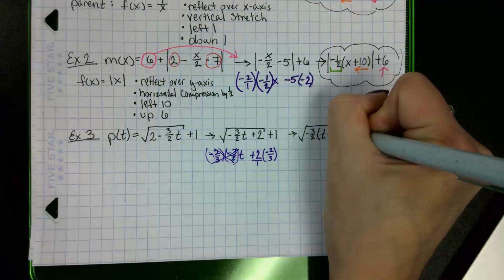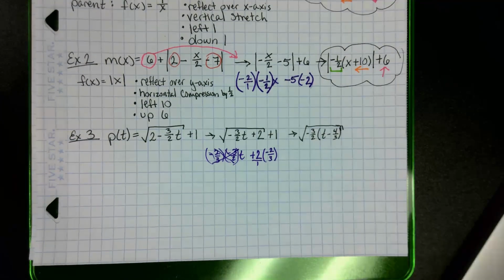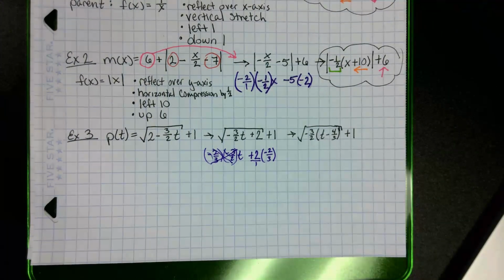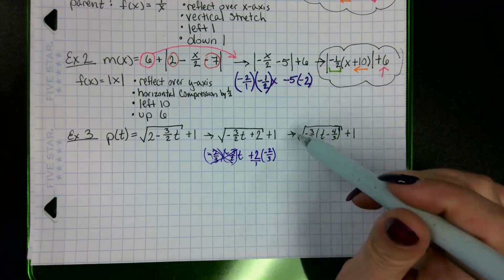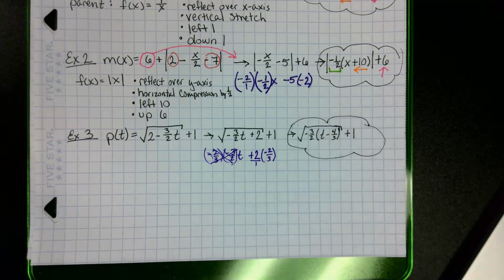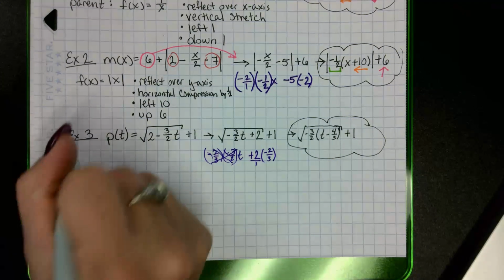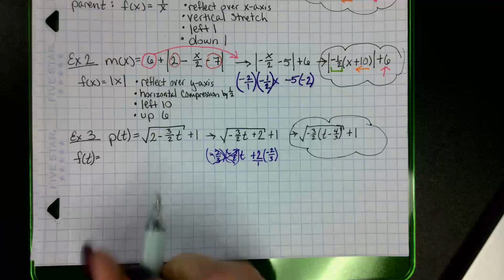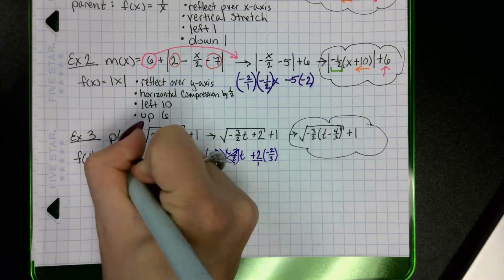Oops, parentheses. Plus 1. Does that make sense? All right, so now I'm in standard transformation form. My parent function, f of t, is the square root function, square root t.